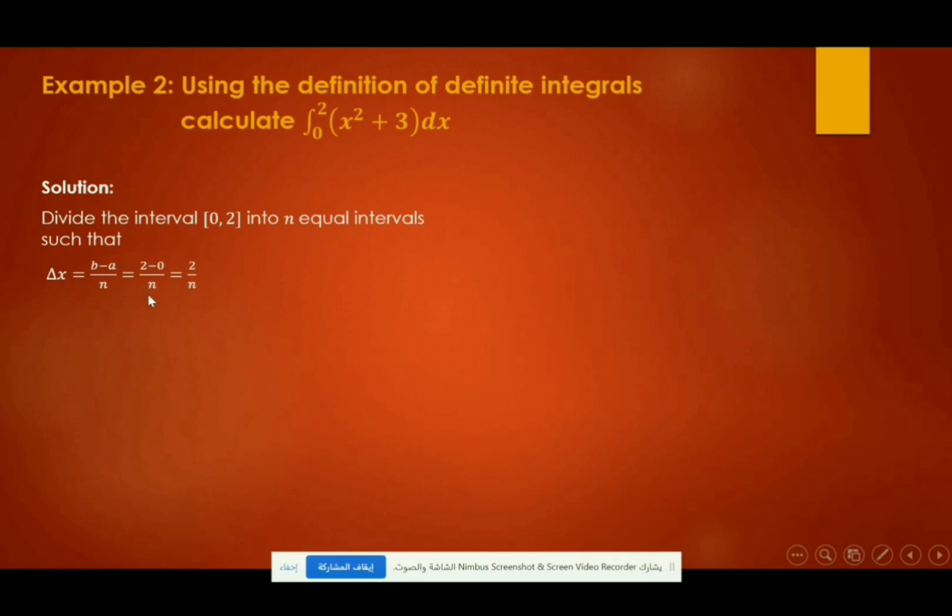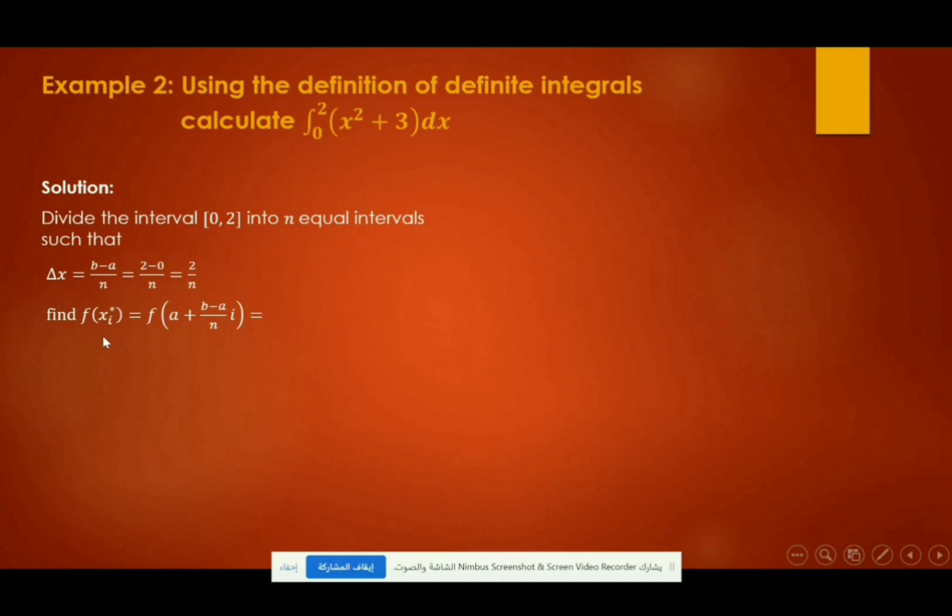And n, we told you, is unknown till now because we don't know how many rectangles we have. It can be written as 2 over n, which is the width of each rectangle. We got b from here, which is 2, and a from here, which is 0, to replace them in the rule and get the value.